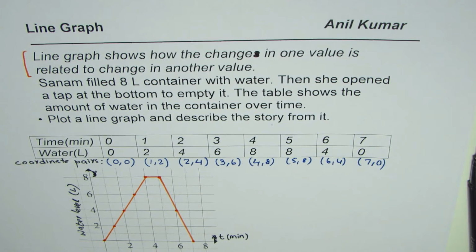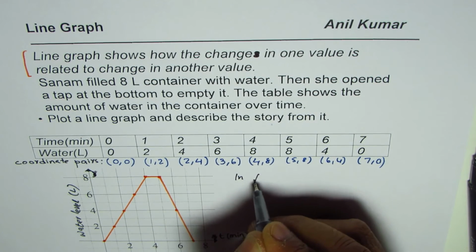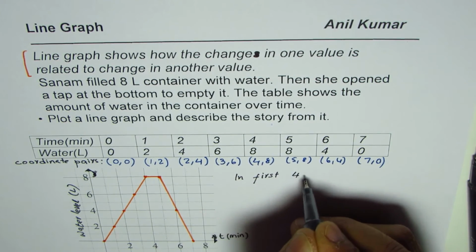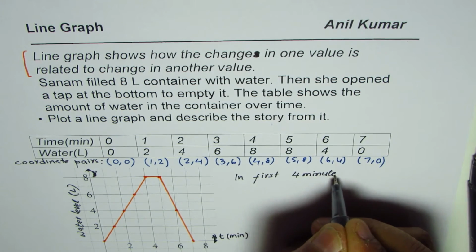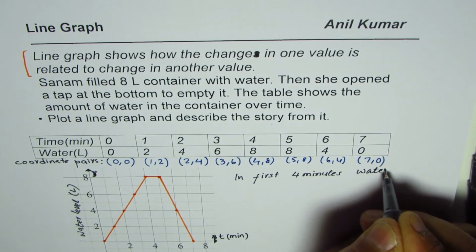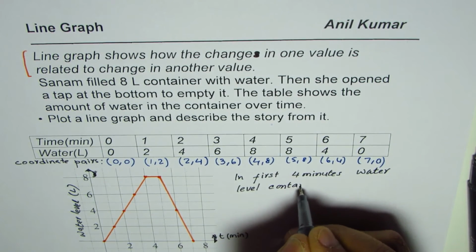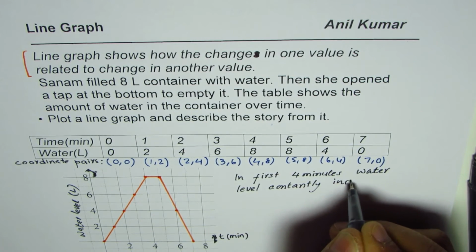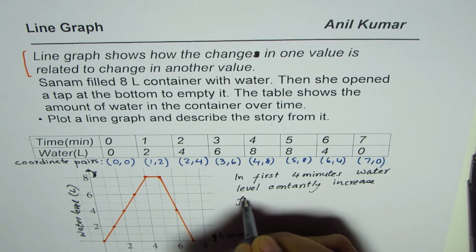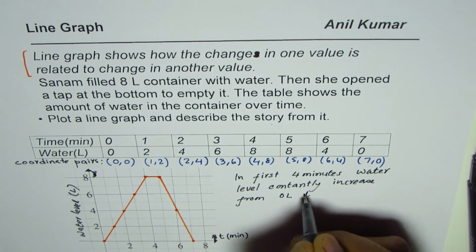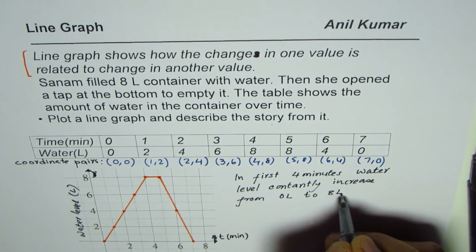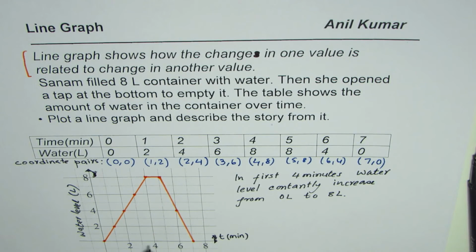Now let's describe it. What we notice here is that in the first 4 minutes, the water level constantly increases from 0 liters to 8 liters. So in the first 4 minutes, Sanam is able to fill 8 liters.